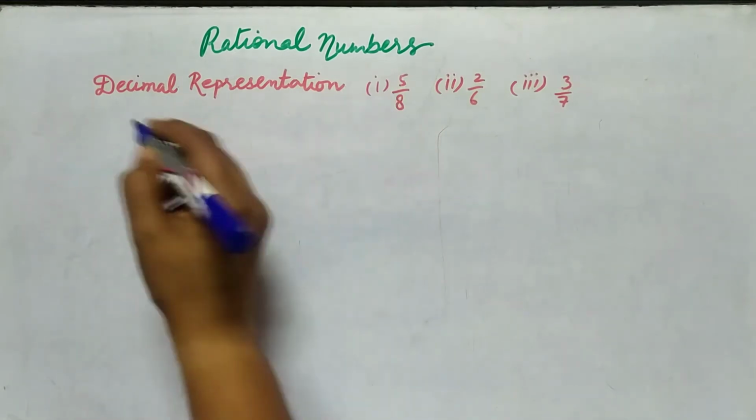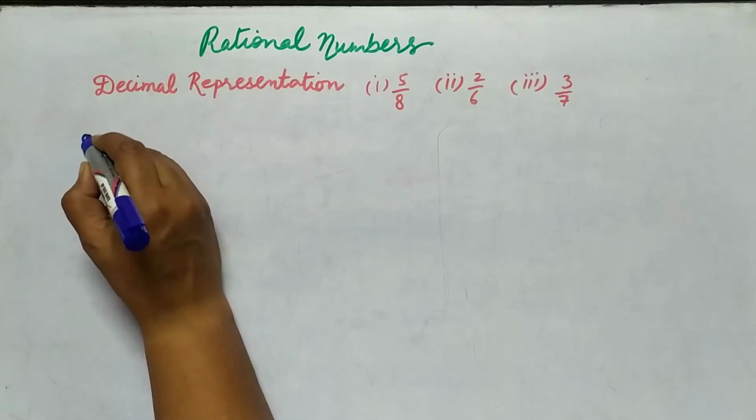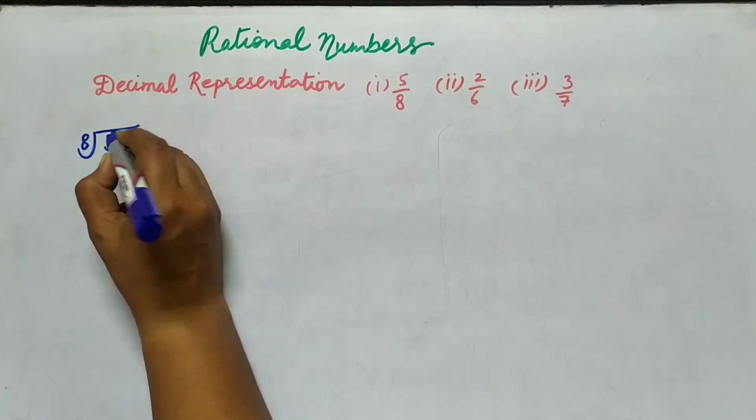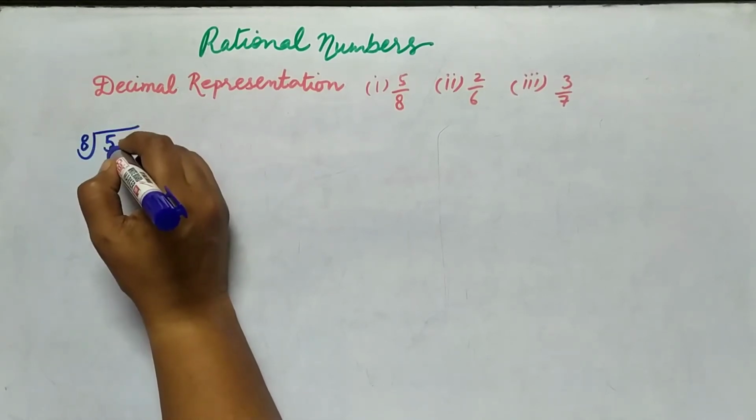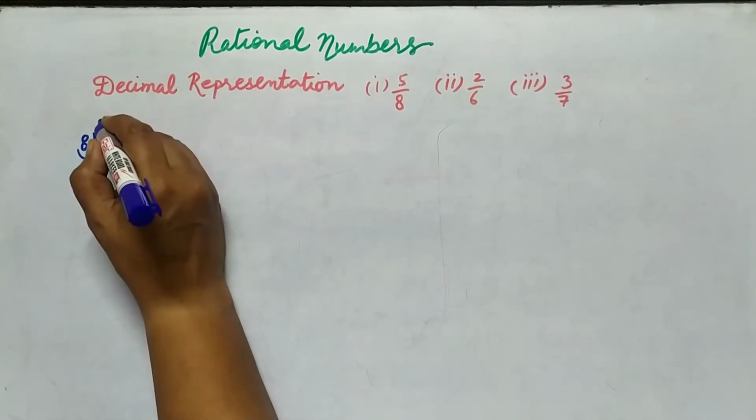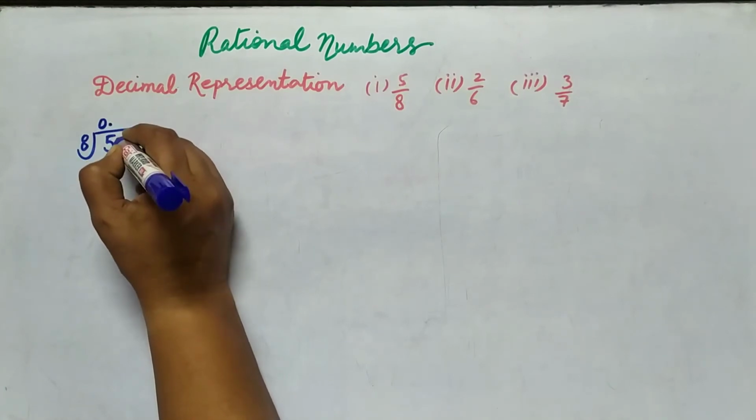The first one is 5 by 8. Taking 8 outside and 5 inside the divide sign. 5 is not divisible by 8, so we make it 0 and put a decimal like this.